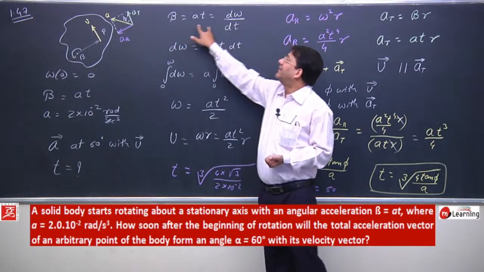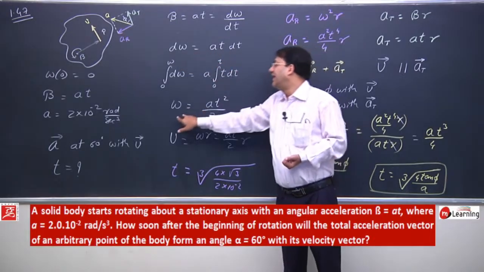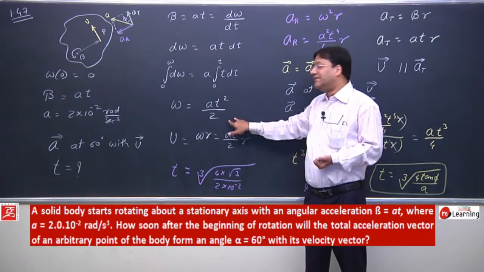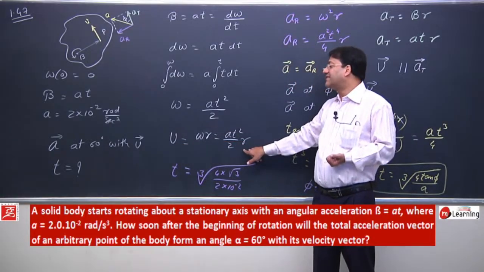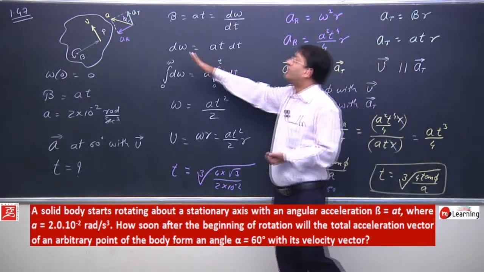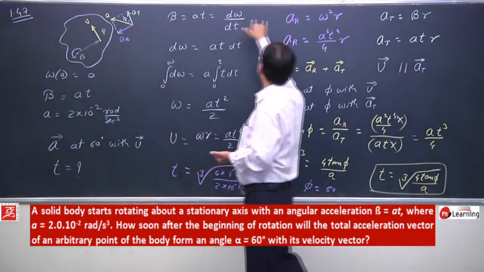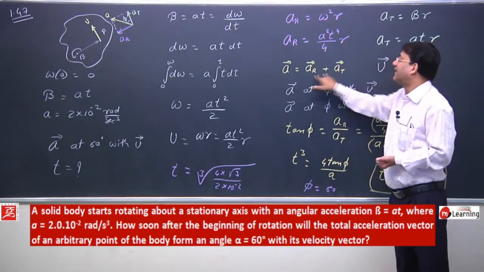This is angular acceleration, the definition of angular acceleration. From here we get the expression for angular velocity, and we can get the magnitude of tangential velocity at any time and the direction of tangential velocity at any time, radial acceleration, tangential acceleration and the net acceleration.